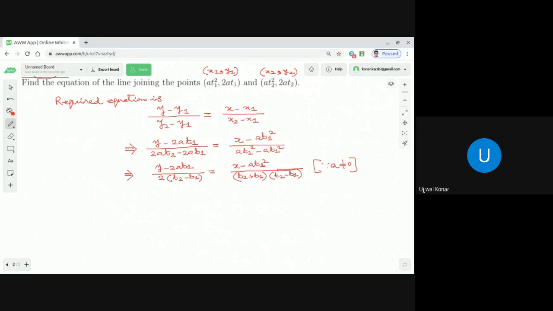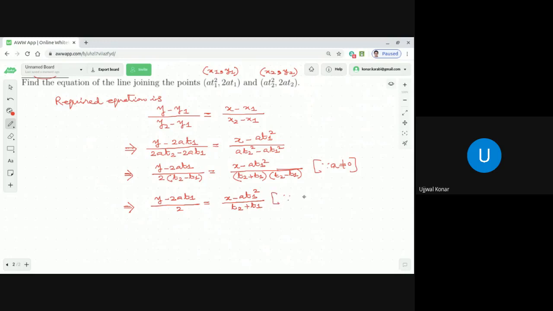So that's why t2 should also not be equal to t1. That means t2 minus t1 cannot be equal to 0. And as this is the case, what we can write here, so this implies, y minus 2a t1 divided by 2 is equal to x minus a t1 square divided by t2 plus t1.